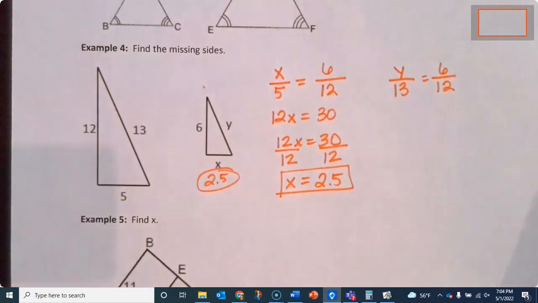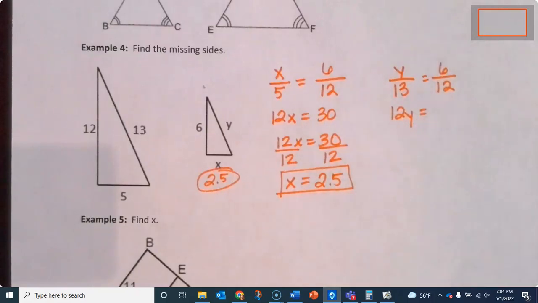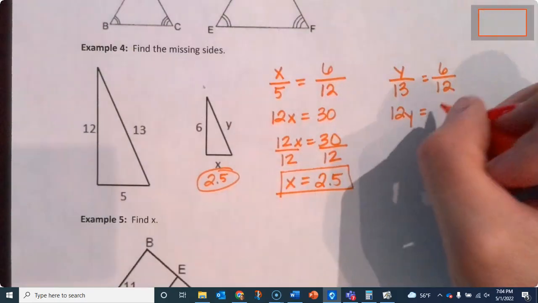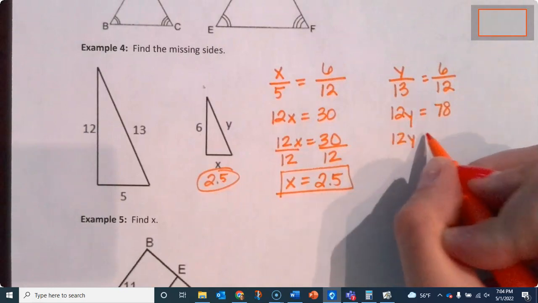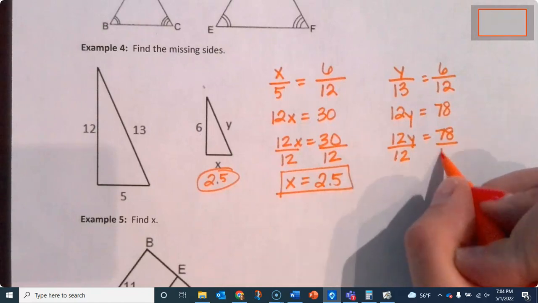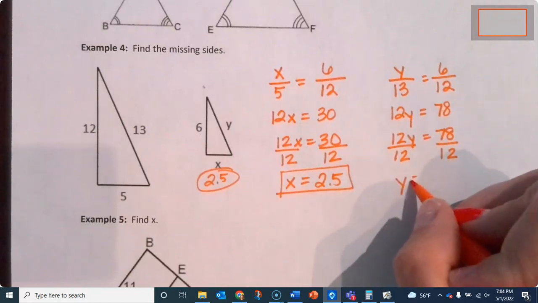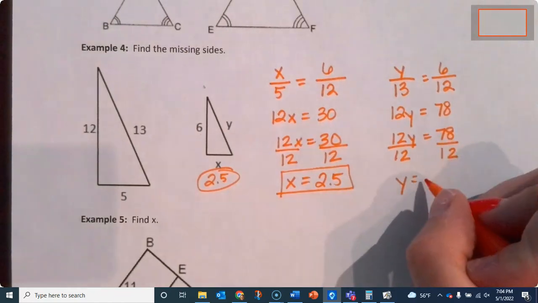Cross multiply to solve. 12 times Y gives you 12Y. 13 times 6 is 78. And then to get Y by itself, we need to divide both sides by 12. So 78 divided by 12 gives me 6.5.